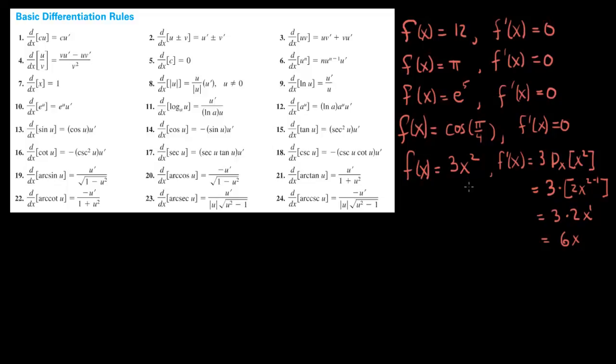But if you're on a test or on a formal assessment, you probably want to show work in case you make an arithmetic, algebraic, or maybe a calculus type error, so you can get partial credit, depending on the severity of your mistake. Okay? So in this, we had to use the power rule and the constant multiple rule.